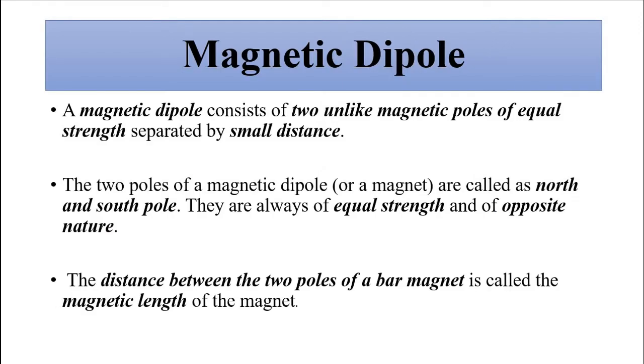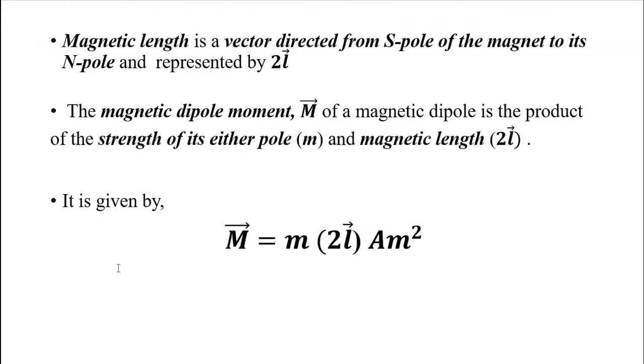So the magnetic dipole, an important parameter associated with it is the magnetic dipole moment, capital M vector, which is the product of the pole strength multiplied with the magnetic length and has units of ampere meter square.